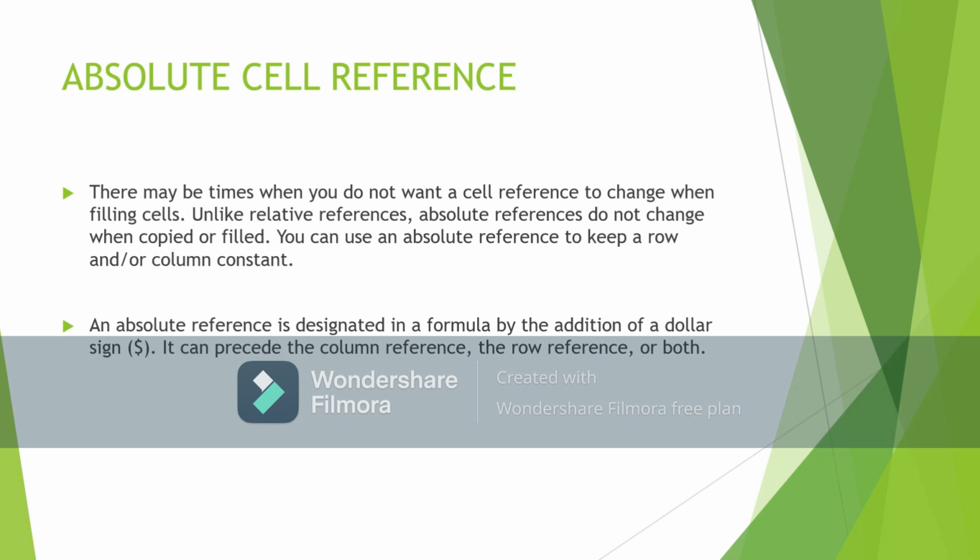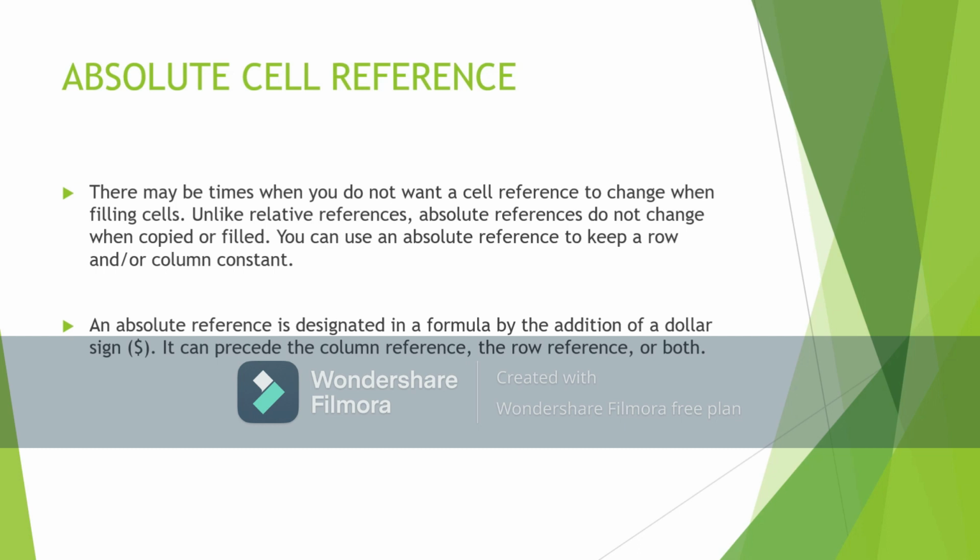How is an absolute reference designated in a formula? By the addition of a dollar sign. If you want to keep the row constant, then you have to use the dollar sign with the row. If you want to keep the column constant, then you have to add the dollar sign with the column.